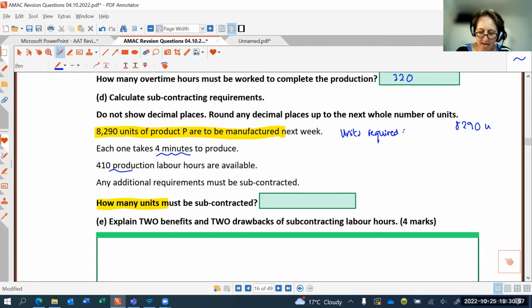So let's have a look then at the availability. What have we got? Well, we've got 410 hours, and each unit is going to take me 4 minutes to produce.